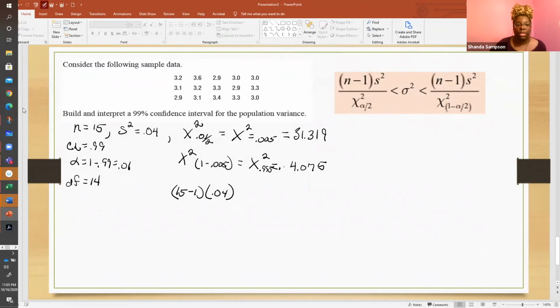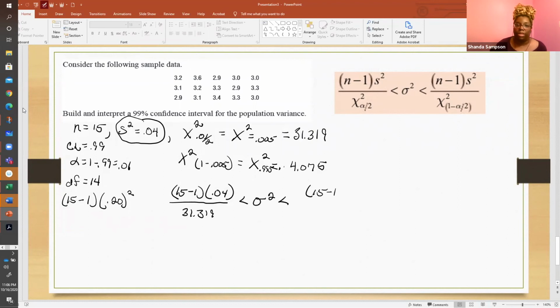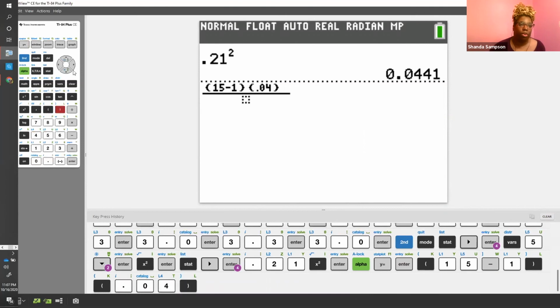So whether you put in what I put in, or you put in 15 minus 1 times 0.20 and then square that. But if you square it here, don't square it here. That's going to be 15 minus 1 times 0.04 all over 31.319 is less than the variance is less than 15 minus 1 times 0.04 all over 4.075. And you notice I don't have to square; I already squared it, so it just makes my calculations easier.